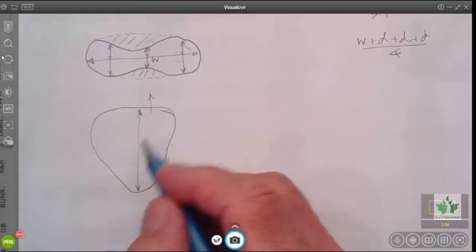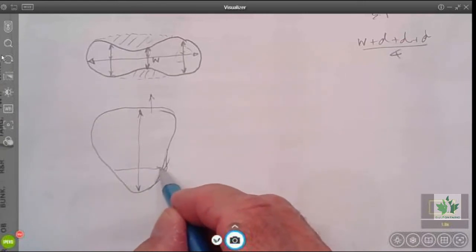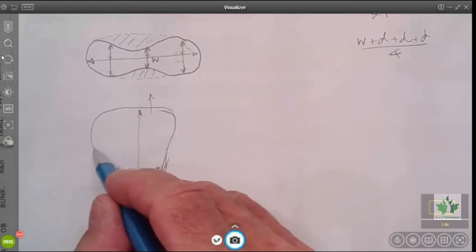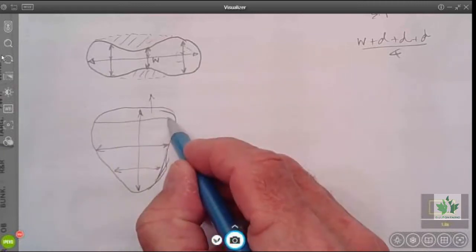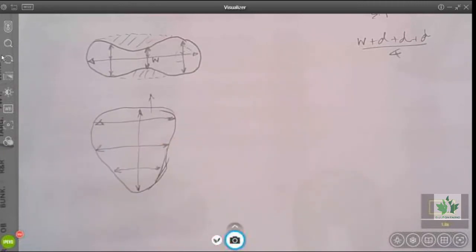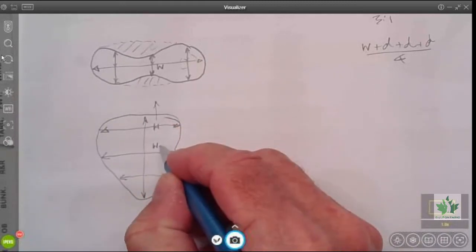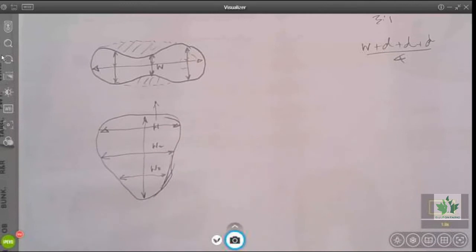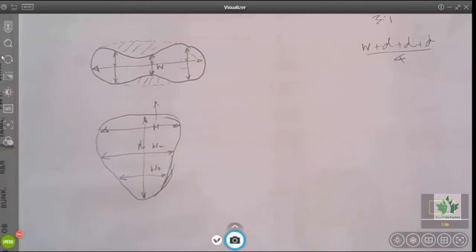So what we would say is, well, if the pin was down here, this would be the width you would use. And if the pin was in the middle, this would be the width. And if the pin would be back here, this would be the width. And so you could do the same thing there. You could have 3 different widths and average them. And then the depth would be a constant.